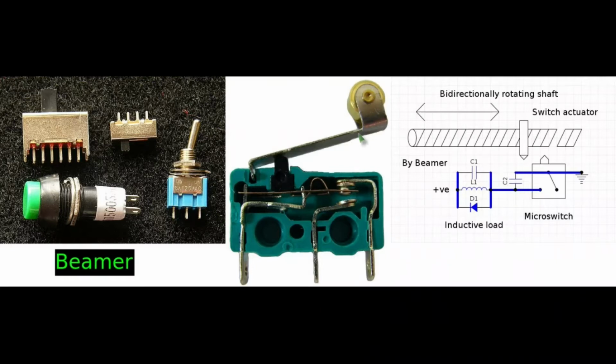And courtesy of Wikipedia, we have an exposed diagram of a micro switch, and that's equally simple, with a common wiper connection here, a normally closed connection here that runs down to that contact there, and a normally open contact here.